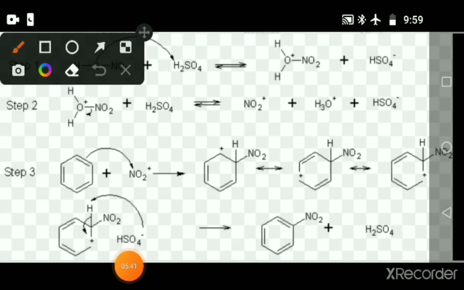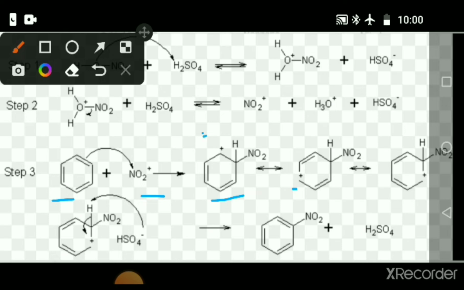In the third step, first the benzene ring reacts with the nitronium cation. The nitronium cation attaches to the benzene carbon atom. Then the cation will be formed. In nitration, three resonance structures will form.